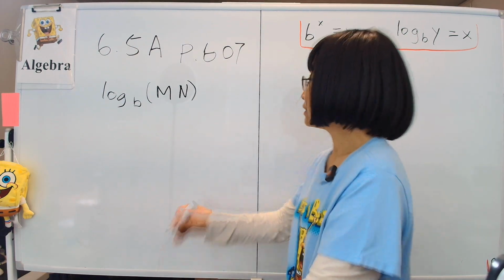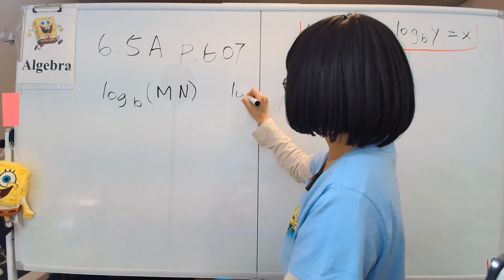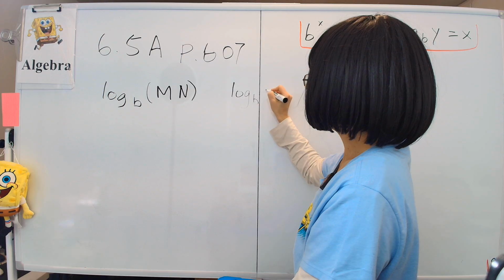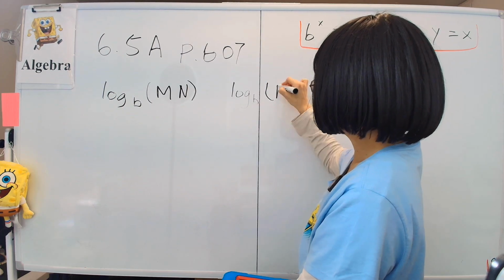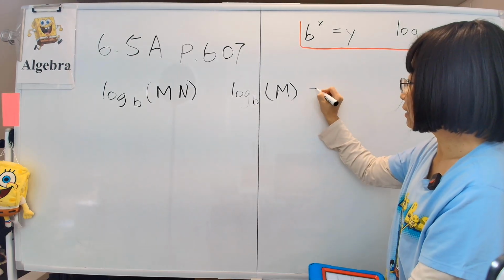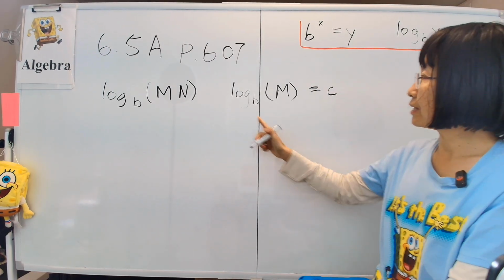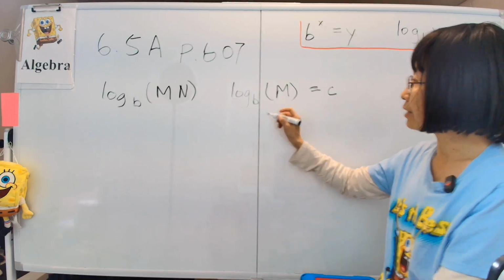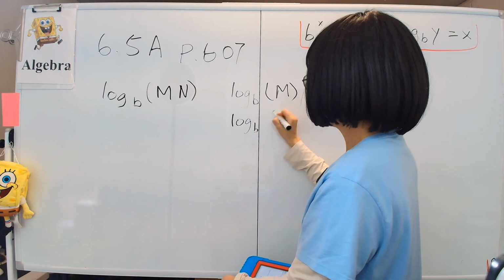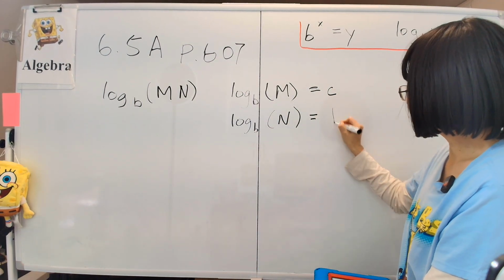Now, first, let's assume that we know this: log base b of just M itself. All right, let's call this value equal to c. And then we'll call the other value, log base b of N, equal to d, all right?